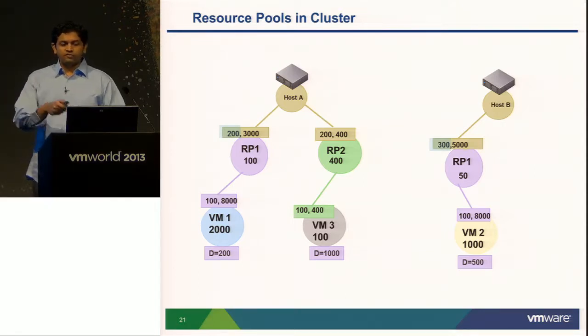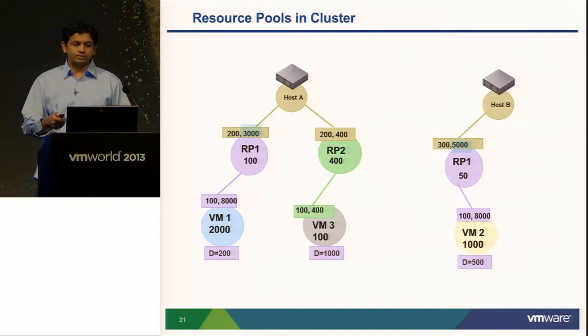Because VM2 has a reservation of 100, VM1 can get up to 400. So in this example, the reservation is split as 200 and 300, and the limit is split as 3,000 and 5,000. And when the demands change, these numbers will also change.